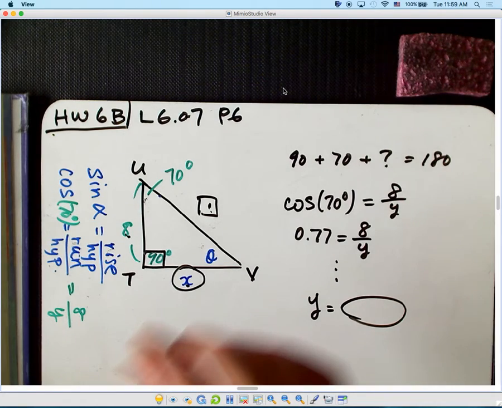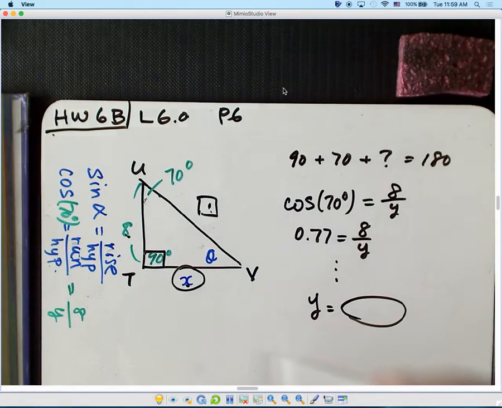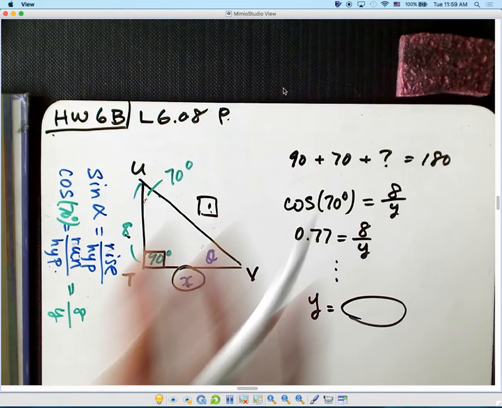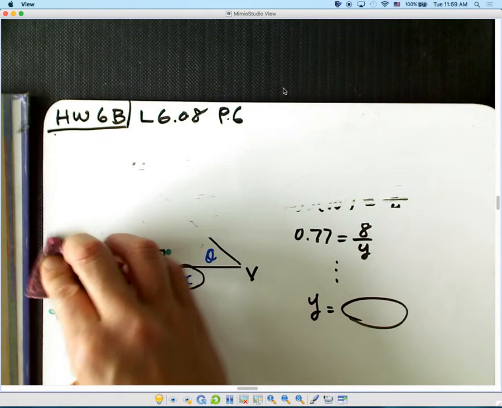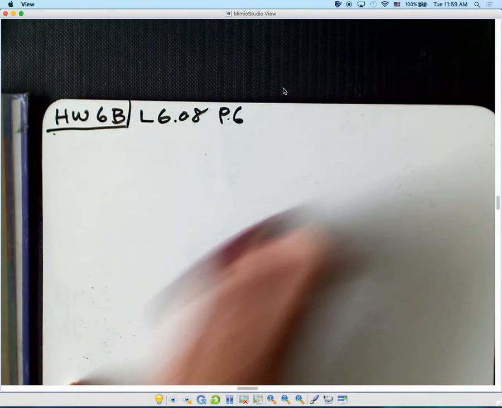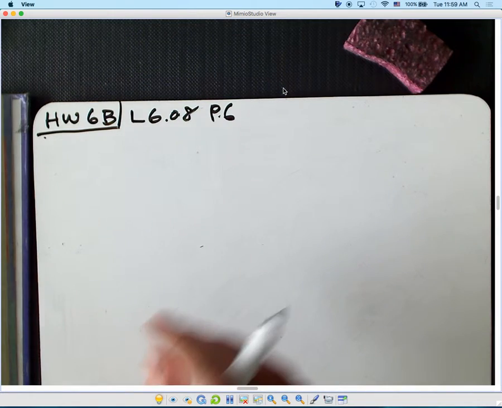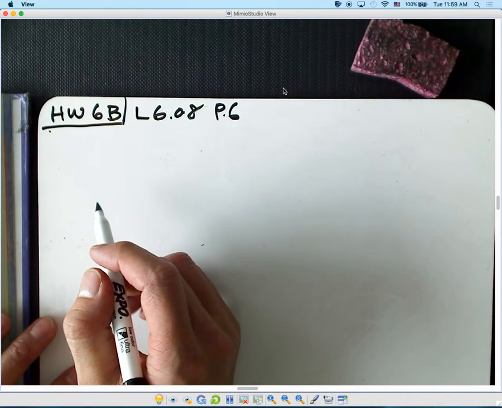And let's move on to lesson 6.08. Problem number 6. So we have a triangle ABC.